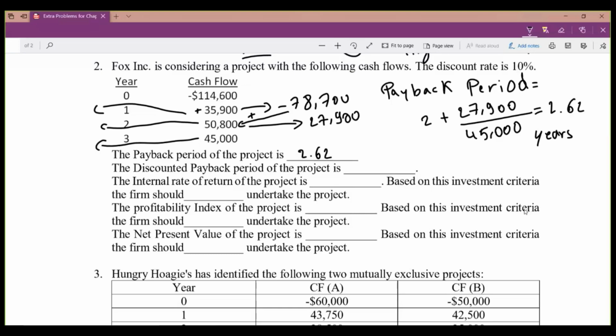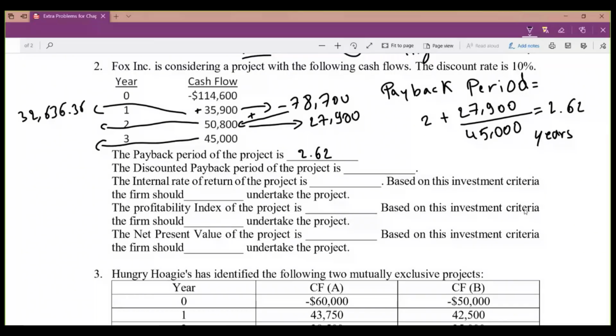So for the first amount in year one, I say this is FV, N is 1, IY is 10. I compute the present value. The present value for the first amount is 32,636.36.